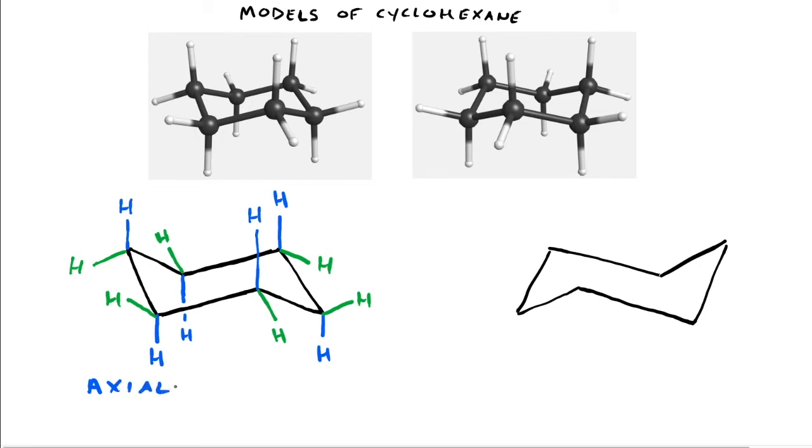When a bond is going straight up or straight down, that position is called an axial position. All of these green lines are showing the other type of position, which is called equatorial. Like equator. So it's going around the molecule like an equator.